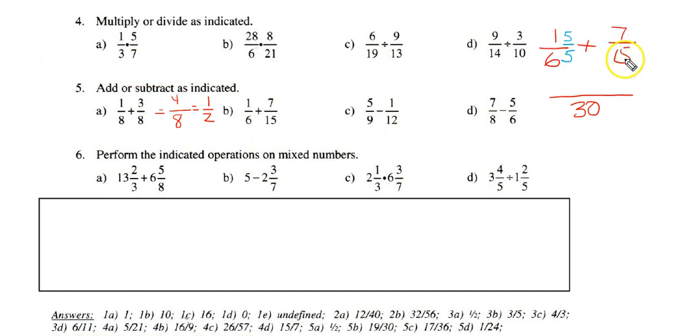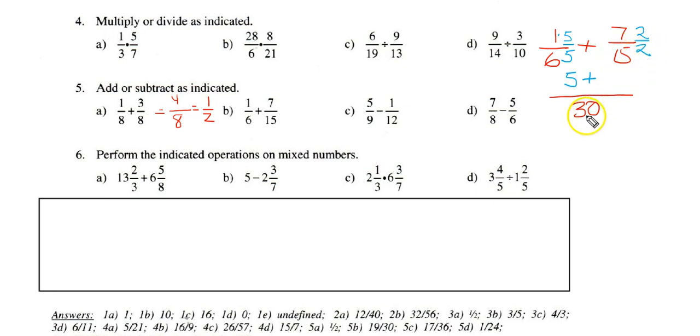And what form of 1 will I multiply this one by to make it an equivalent fraction with a denominator of 30? And the answer is 2/2. So 6 times 5 is 30, and 1 times 5 is 5.